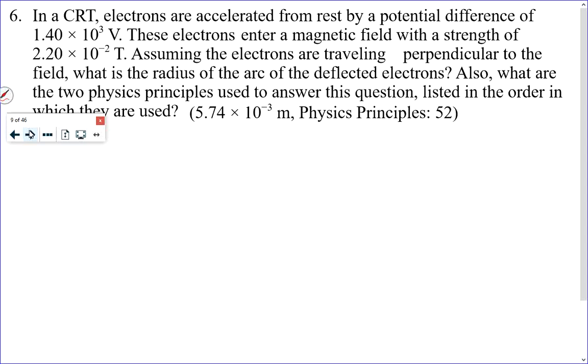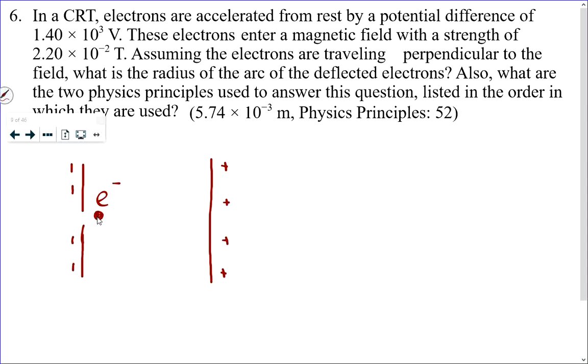One is that you have electrons being accelerated. Doesn't matter how they get in there. I guess there's got to be a little hole for them to enter. They are accelerated through a potential difference.